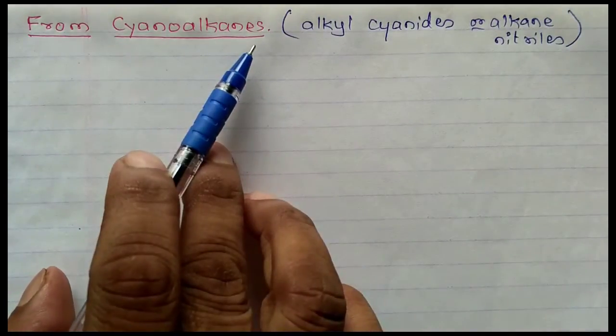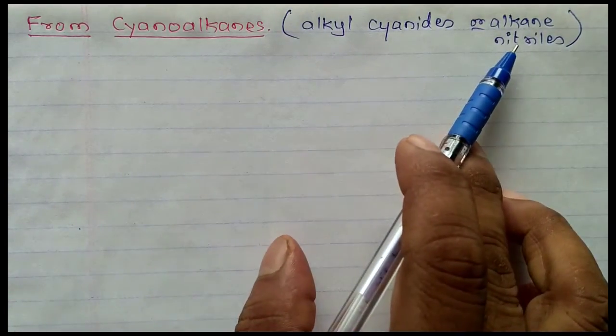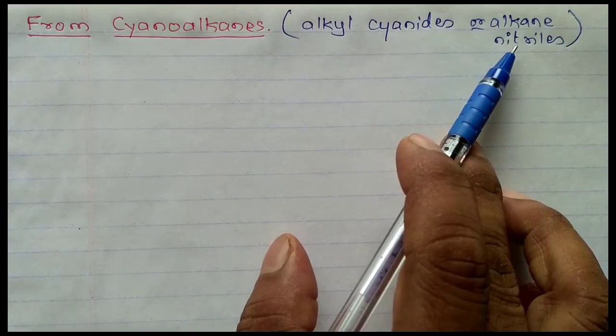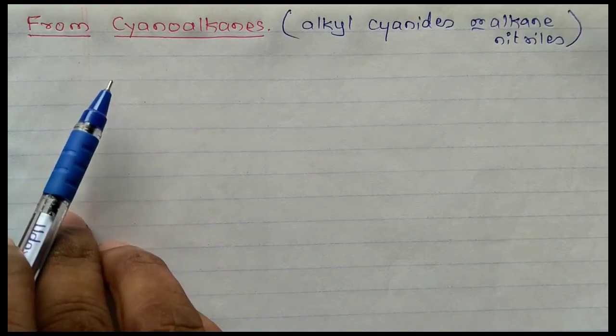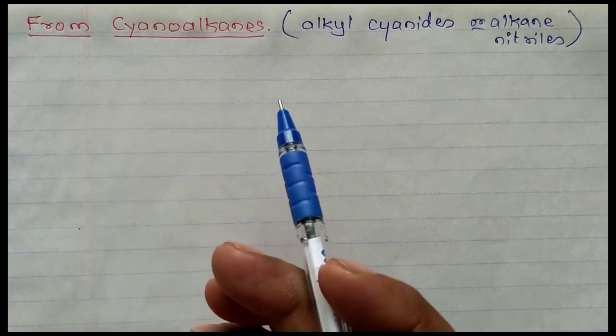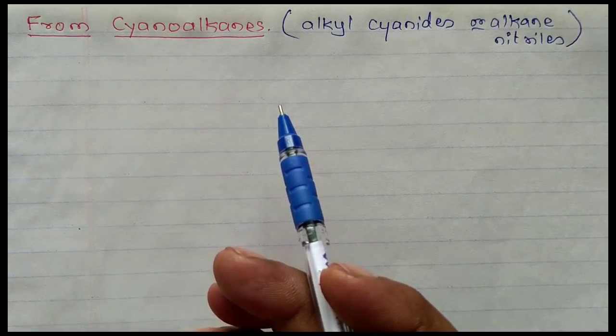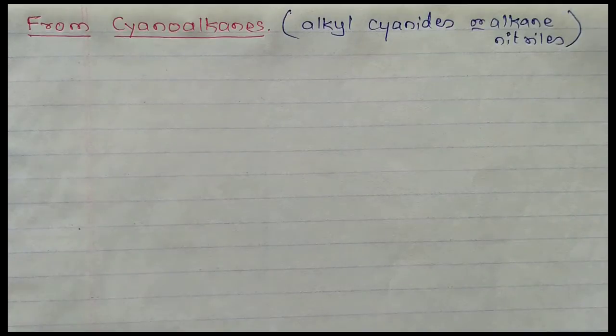The cyanoalkanes, or alkyl cyanides, also called alkane nitriles, on hydrolysis with dilute hydrochloric acid give amides, which on further hydrolysis give the corresponding carboxylic acids.